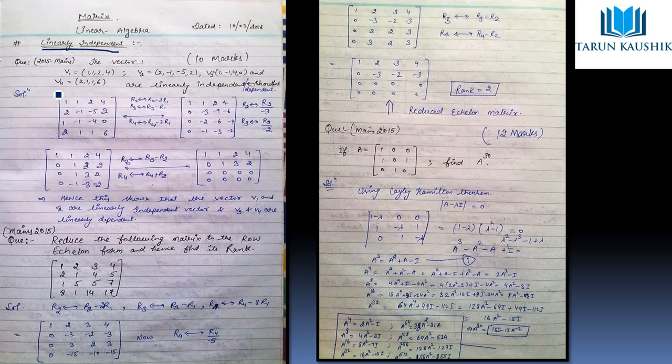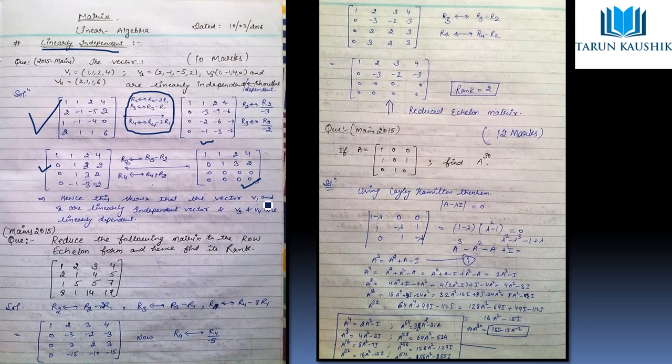Just write down these 4 vectors in row form, like in this form, and do row operations. I will not speak out the row operations which I have followed, you just see on the screen. I followed this operation and made the matrix like this. Again I followed row operations and made the matrix like this, and at last I got the matrix like this.